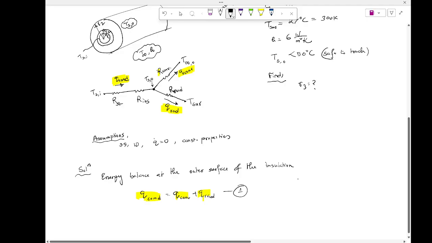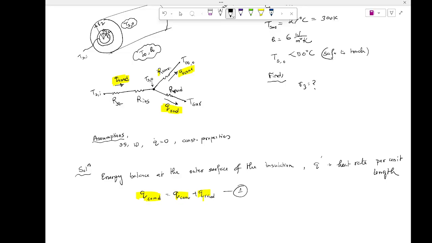Everybody remember from last week or something, I did write Q. What does Q single prime mean? Heat per unit length. Thank you. Why do you bother with per unit length?